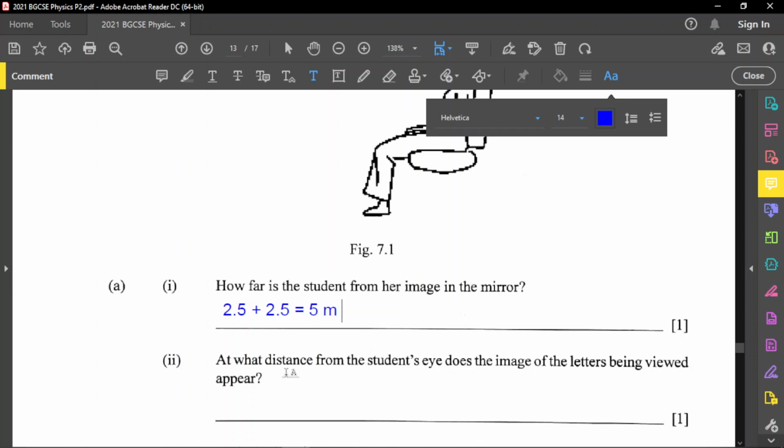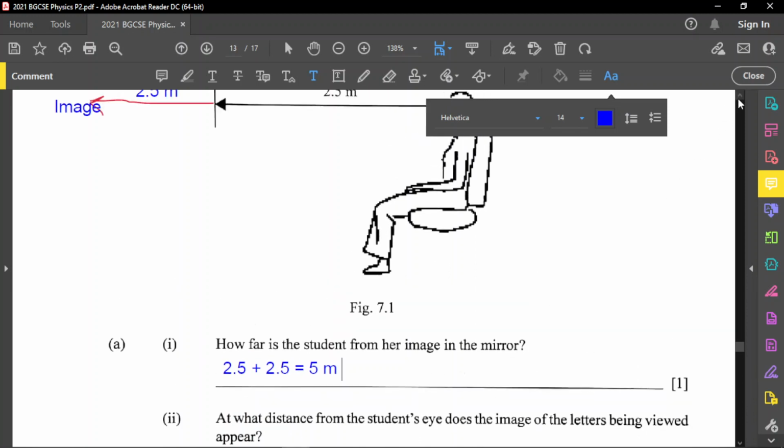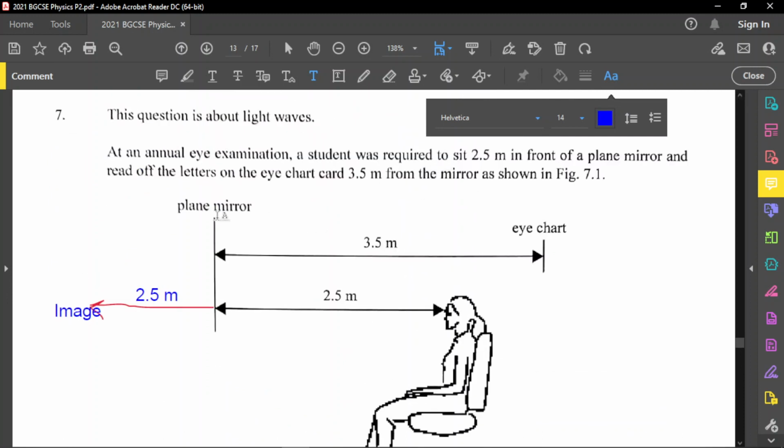For part 2, at what distance from the student's eye does the image of the letters being viewed appear? What we want to note is that the image of the letters will be 3.5 meters behind the mirror. So from her eye, which is here, it is 2.5 plus this 3.5.